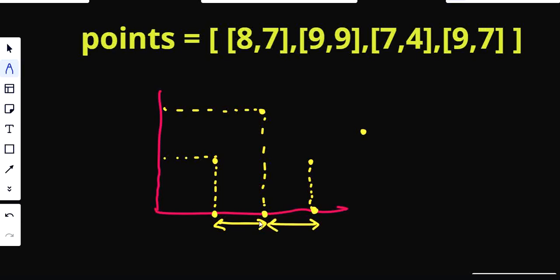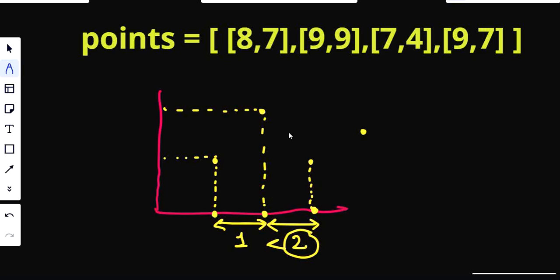Suppose this is of difference 1 and this is of difference 2, then I know that 2 is greater than 1. So in this scenario, this will be the value that I will be returning, right? I'm randomly drawing this diagram, and I will be drawing it again for the given data, but this one is quite random.